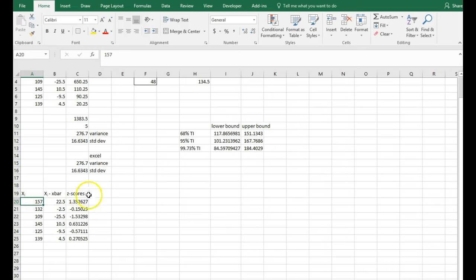That data point is 1.35 standard deviations above the mean. That's how far away from the mean it is in terms of standard deviations. In absolute terms, in dollars in this case, it's $22.50 above the mean. But in terms of standard deviations, it's 1.35 standard deviations.